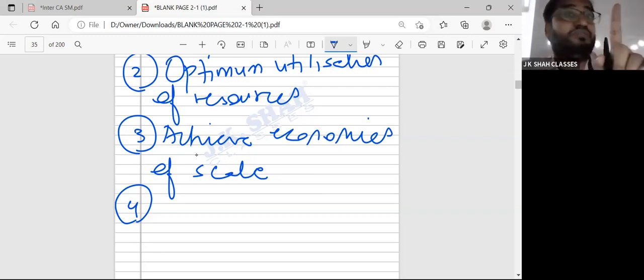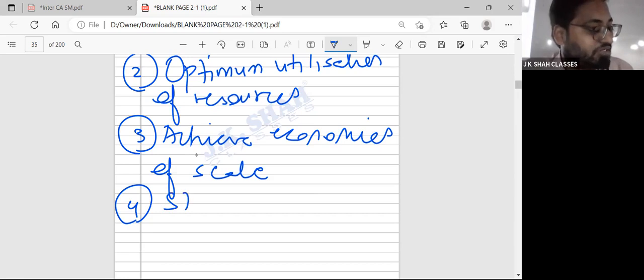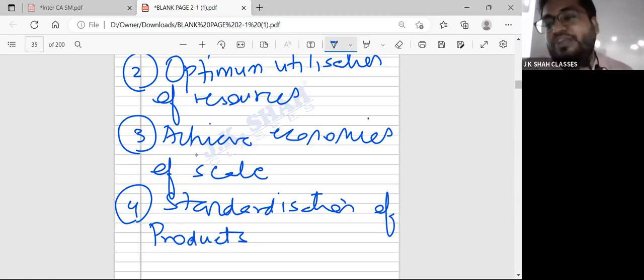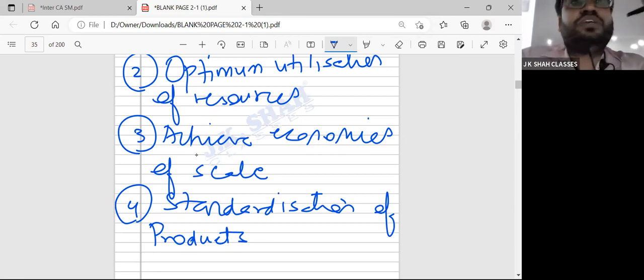The fourth point is very important but an easy point: standardization of products. I don't know if you have watched this movie. If you haven't, that's the best decision of your life. But if you have watched it, we cannot go back in time and change it. Dhoom. Are you aware of this movie?